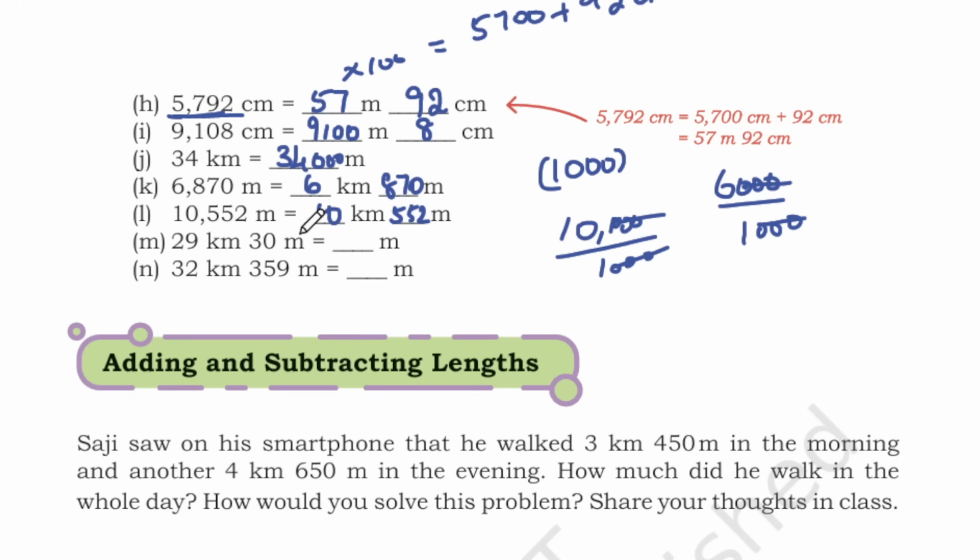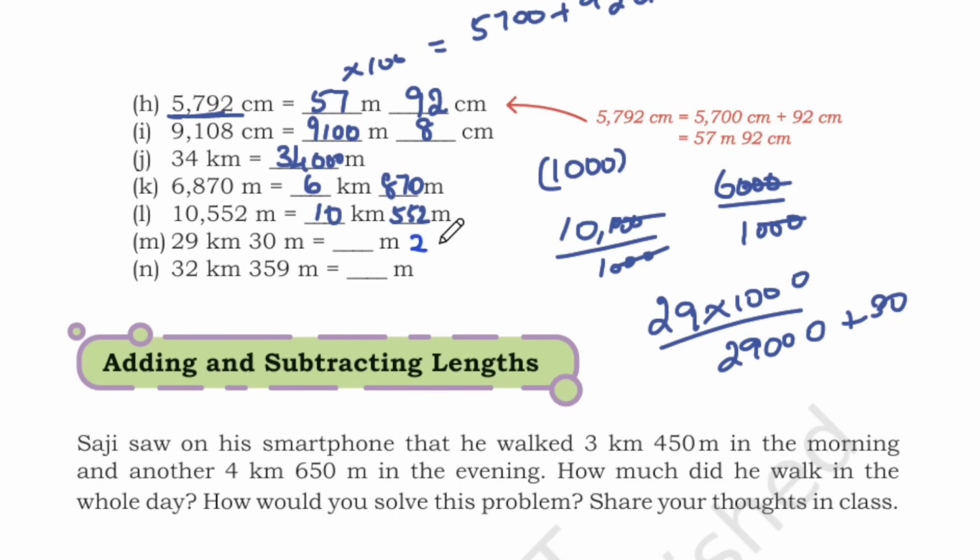When you are converting this into meter, you have to multiply. So 29 into 1000 is 29,000, and you already have 30 meters here, so 29,000 plus 30. This is totally 29,030 meters. Okay.